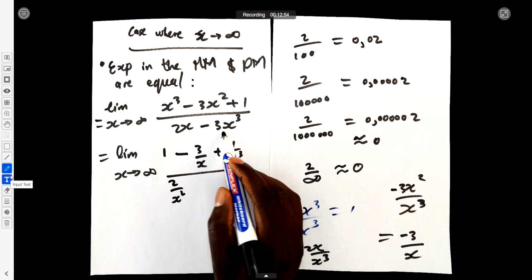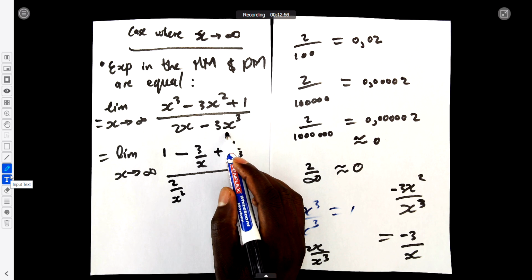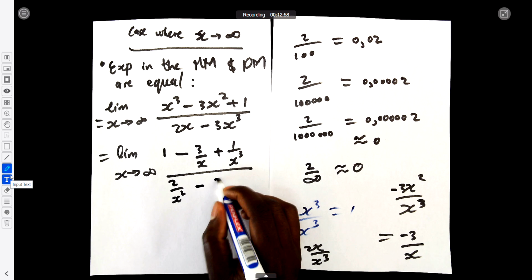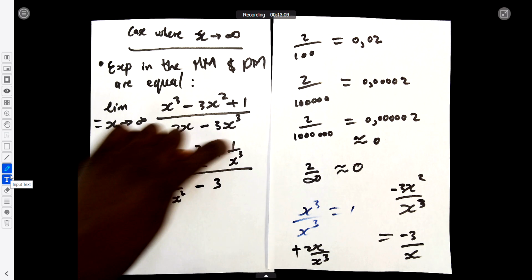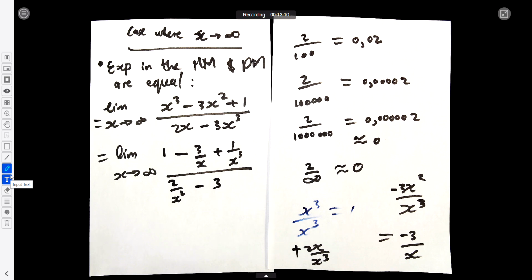Then we divide negative 3x cubed by x cubed, and we're left with negative 3. Even if we don't see the x in some of the factors in the numerators, at least we have divided by the highest variable that consists of the highest power. Now we can substitute the value of x.